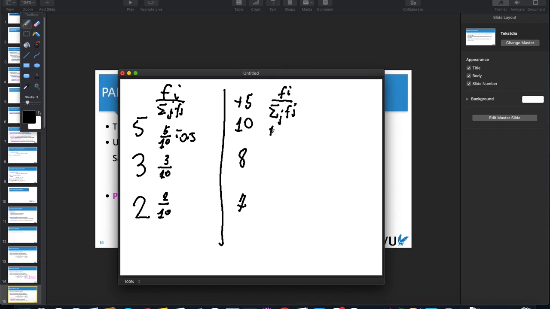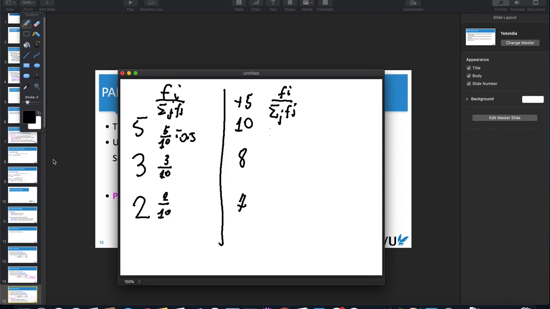we will have 15 divided by 20, 8 divided by 20, 7 divided by, oh, do I calculate correctly? It's incorrect. So we have 15, and this is not 15, but this is 10. Right.